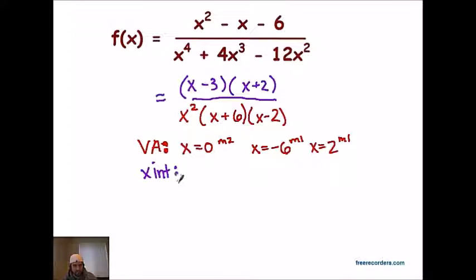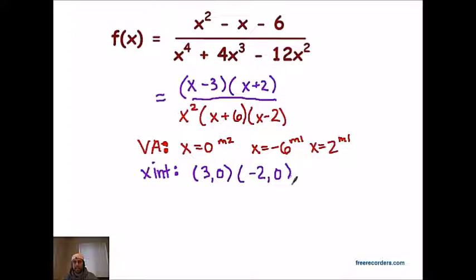So my x-intercepts in this case are going to be the zeros at the top. And so I see that x is going to equal 3 to create a 0. So I've got 3 comma 0. And then x is going to equal negative 2 to create a 0. So there's my 2 x-intercepts.